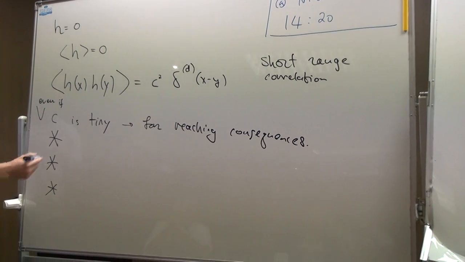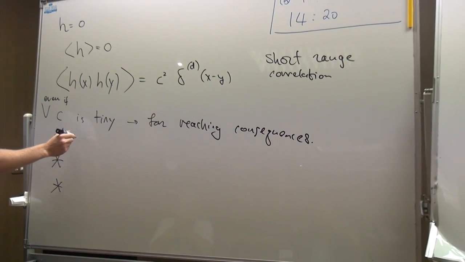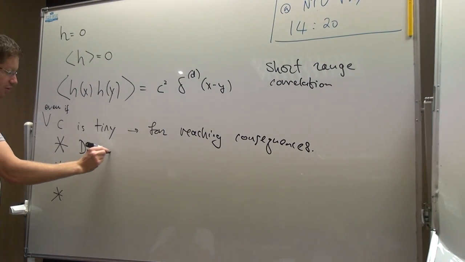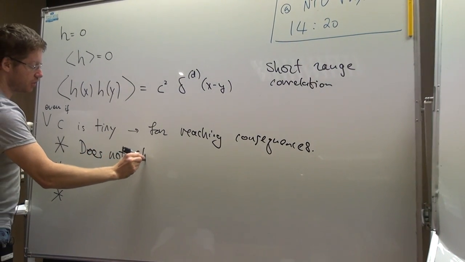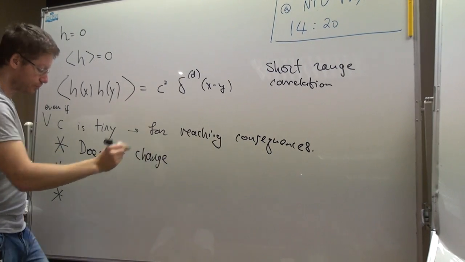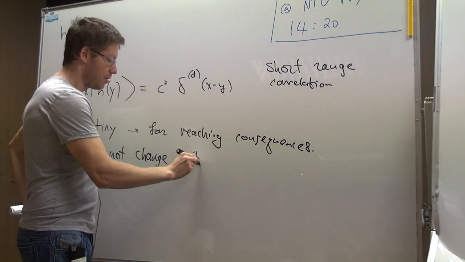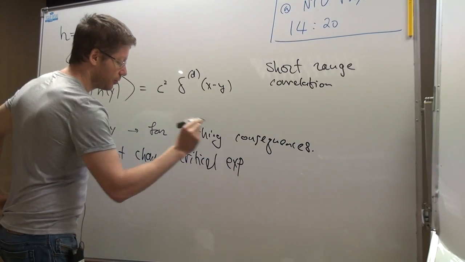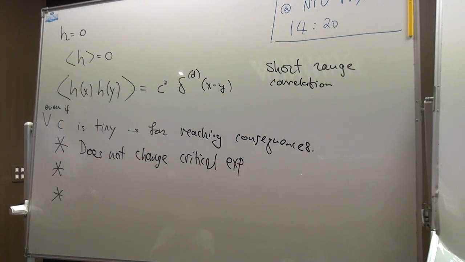So the 3 options are that such randomness does not change the critical exponents. This is one option, that it just doesn't change critical exponents. It doesn't change the nature of the ordered phase.